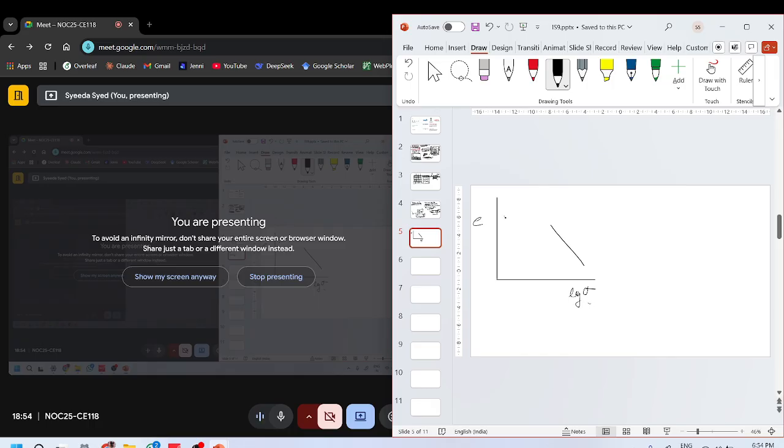And if it is OC soil, you will get something like this. Let the slope of this unloading line be kappa, and the slope of this line be lambda.